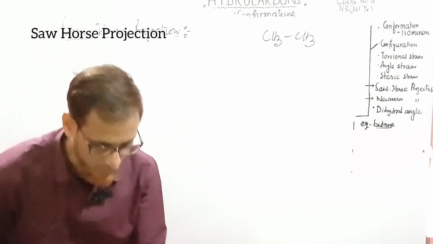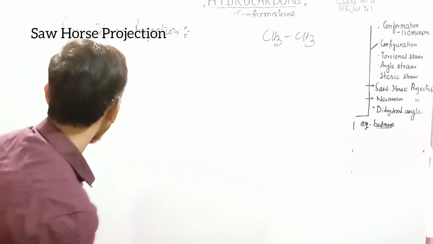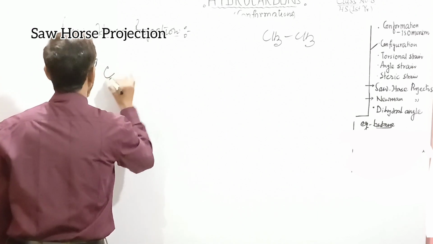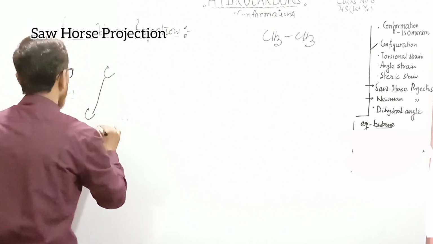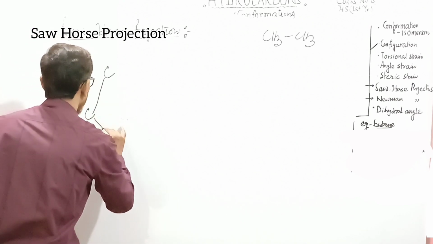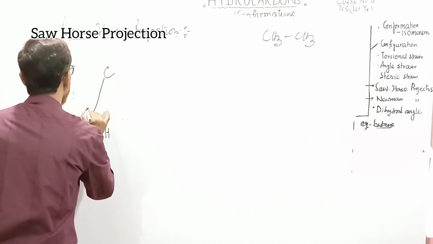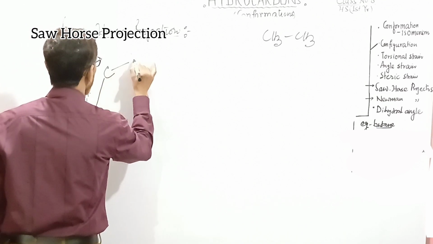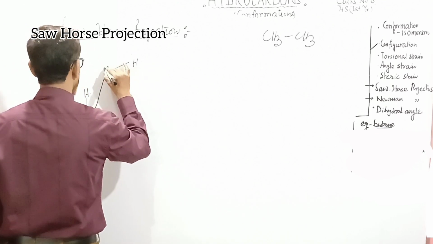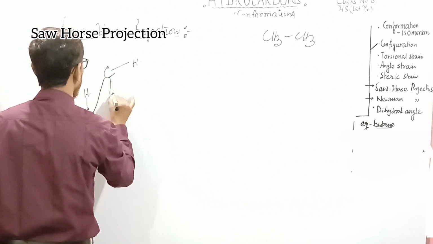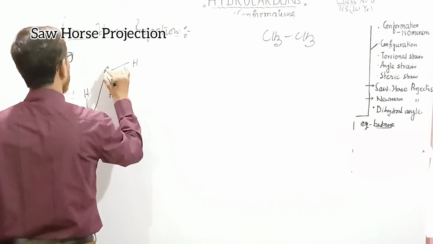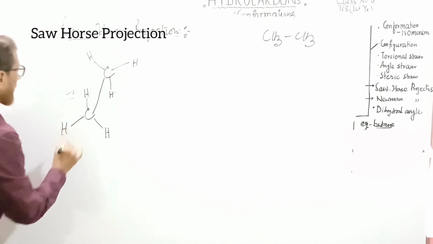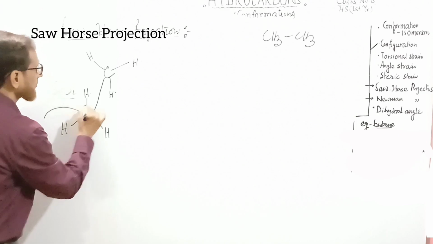In the Sawhorse process, the projection is done in this way: carbon. This is front carbon, carbon 2.